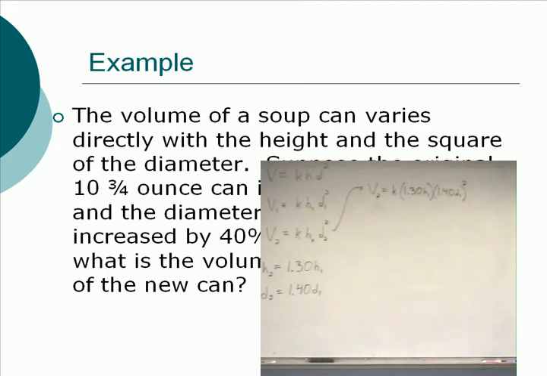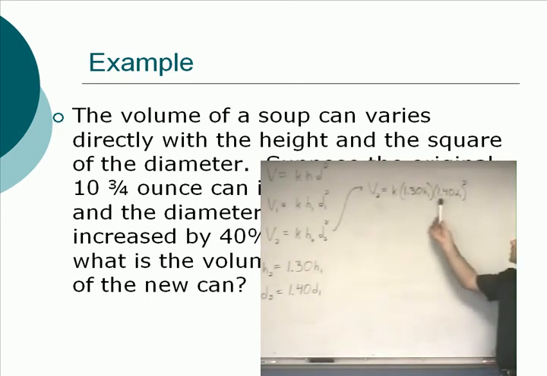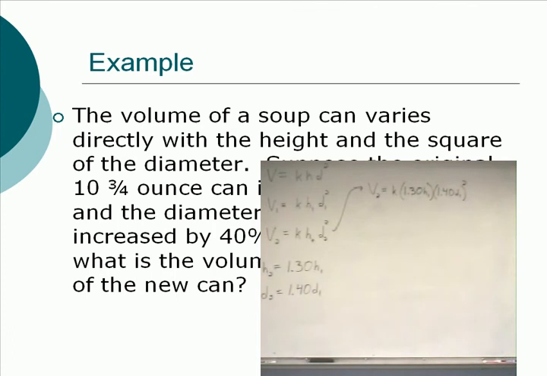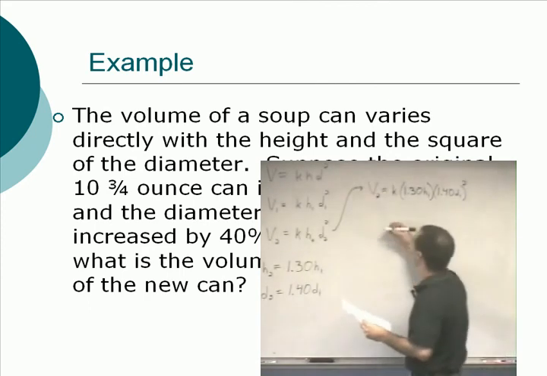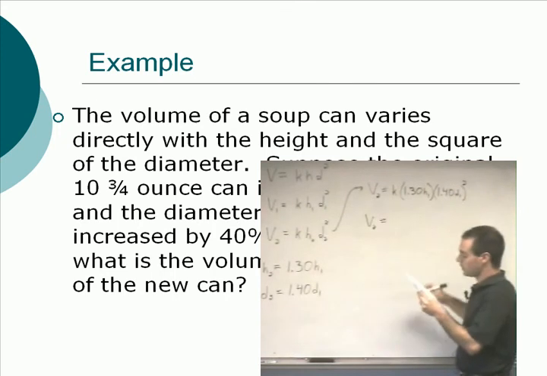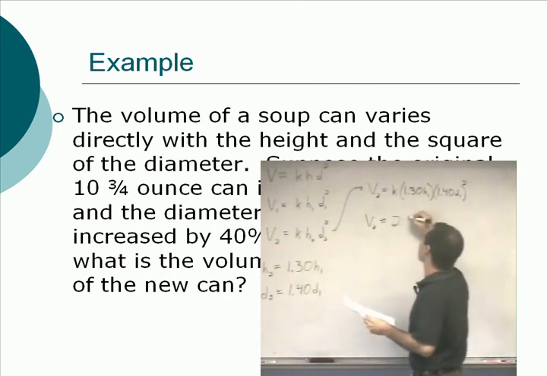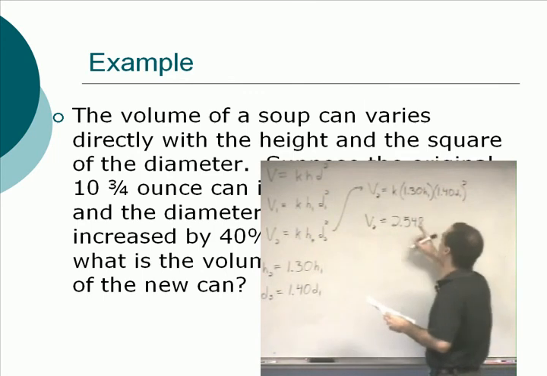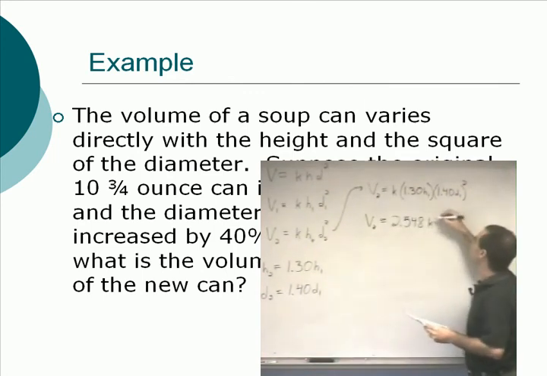Well, now what do you need to do? You've got to take all those constants and pull them out of there. Okay, so we're going to have 1.4 squared times 1.3. Get all those constants out to the front. We end up with V2. 1.3 times 1.4 squared turns out to be 2.548, times K times H1 times D1 squared.